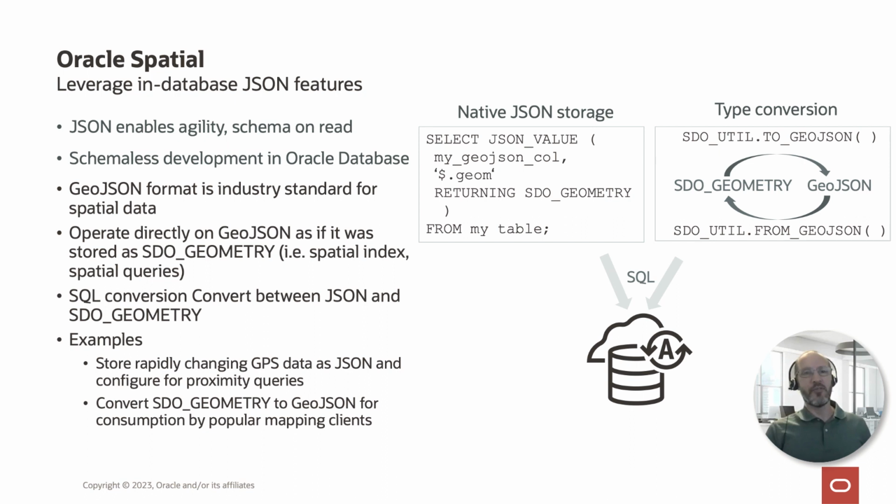When it comes to database-driven development, JSON is obviously huge because JSON provides so much agility when it comes to data whose schema is interpreted on read instead of write, so that you can have data that is not necessarily adhering to a fixed data structure, and JSON is great for handling that.